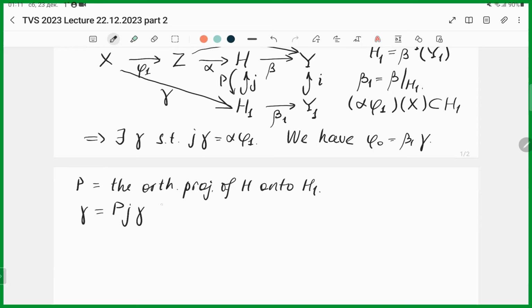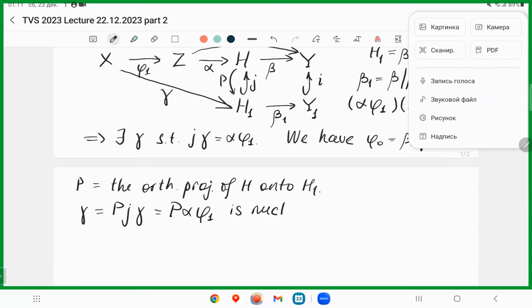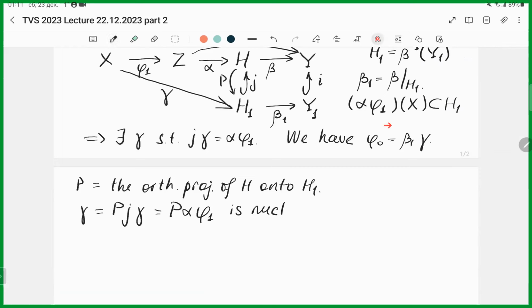But on the other hand, J gamma is alpha phi 1. So this is P alpha phi 1. But phi 1 is nuclear, so this composition is also nuclear. So we conclude that gamma is nuclear, and because of this equality, we conclude that phi 0 is also nuclear. And this completes the proof of our lemma.